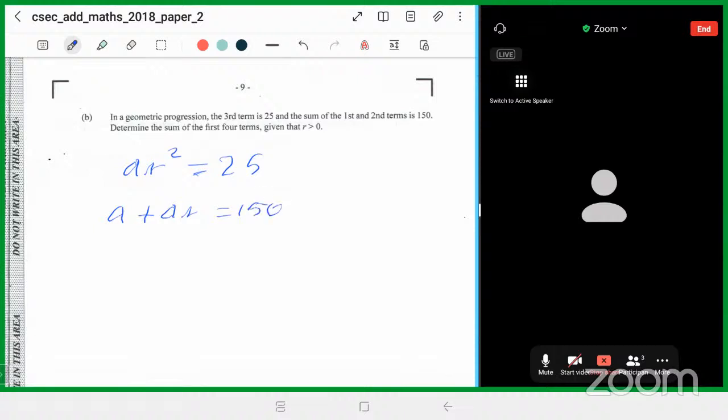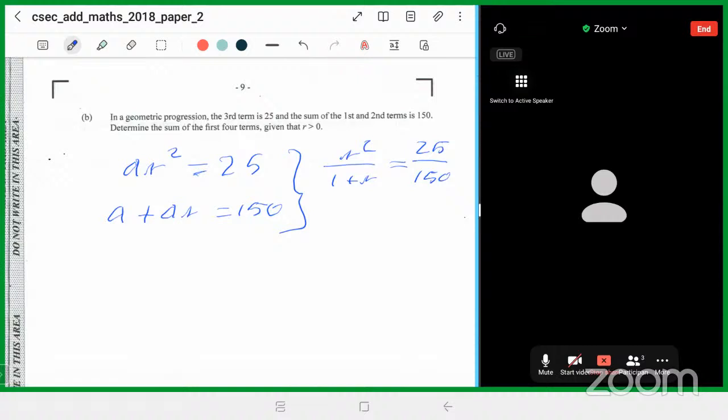That's my two equations. I'm going to divide them, putting this one on top of this one. The A's cancel, so I get R squared over 1 plus R equals 25 over 150.